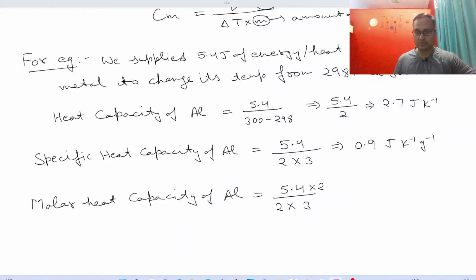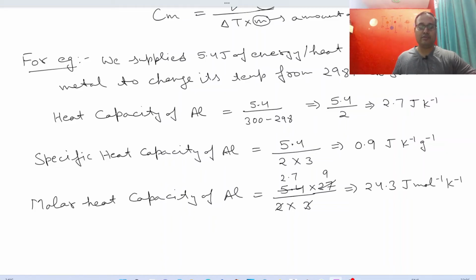So we multiply 27 up over here, and after calculations, it comes out to be 24.3 joule per mole per Kelvin. So this is the molar heat capacity of aluminium.